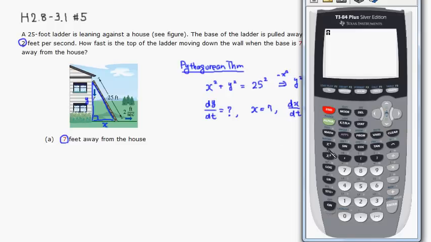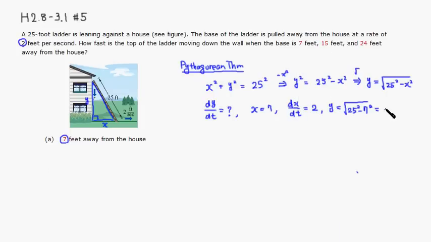It's the square root of 25 squared minus 7 squared. It came out to be 24. So y is 24.